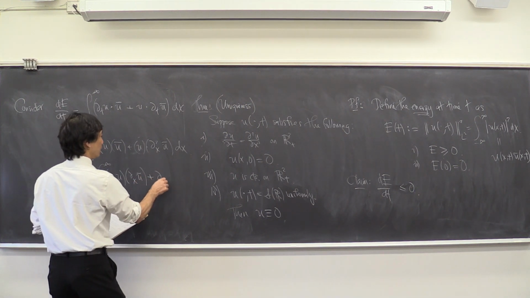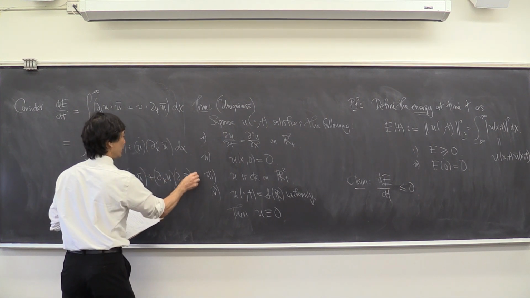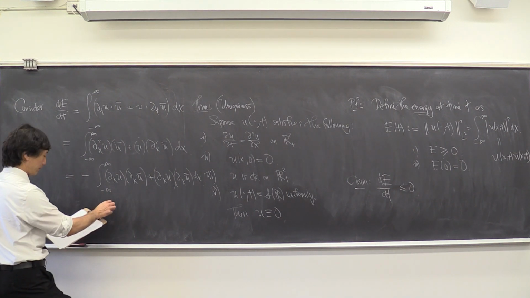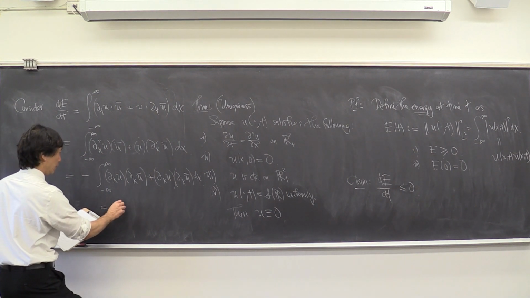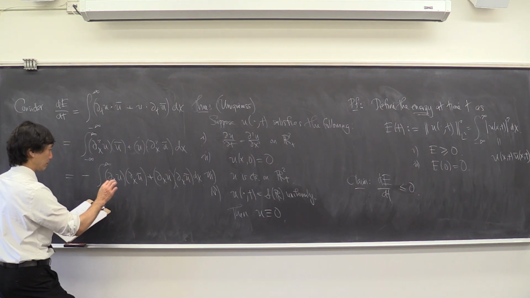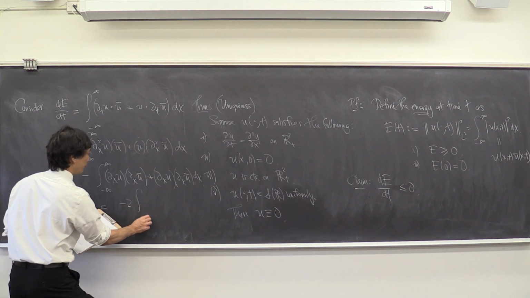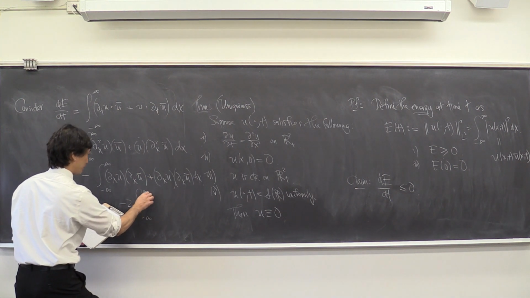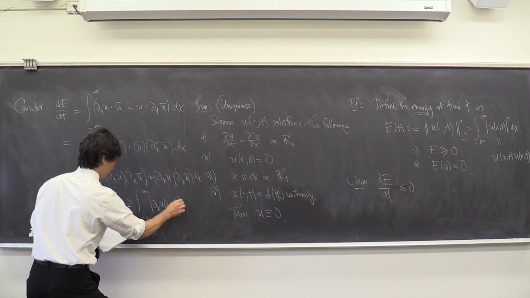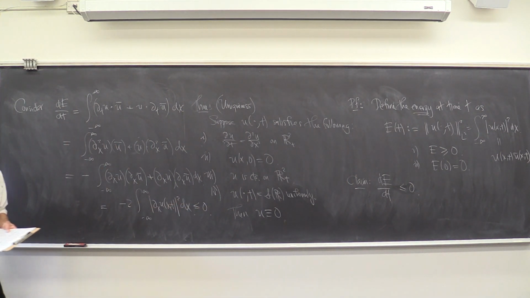So we get the integral of dx u times dx u bar, dx, which is the same as negative 2 times the integral of |dx u(x,t)|^2 dx. So that's negative, not positive.